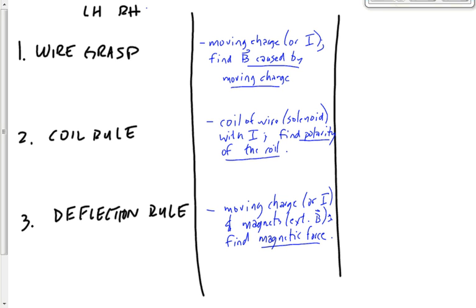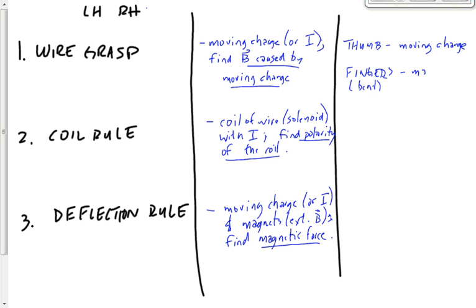Okay, rule number 1, or the wire grasp rule, says, take your thumb and point your thumb in the direction of the moving charge, or the direction of the electric current. Take your fingers, bend them, and you want to point those fingers in the direction of the magnetic field. Not just any magnetic field, though.